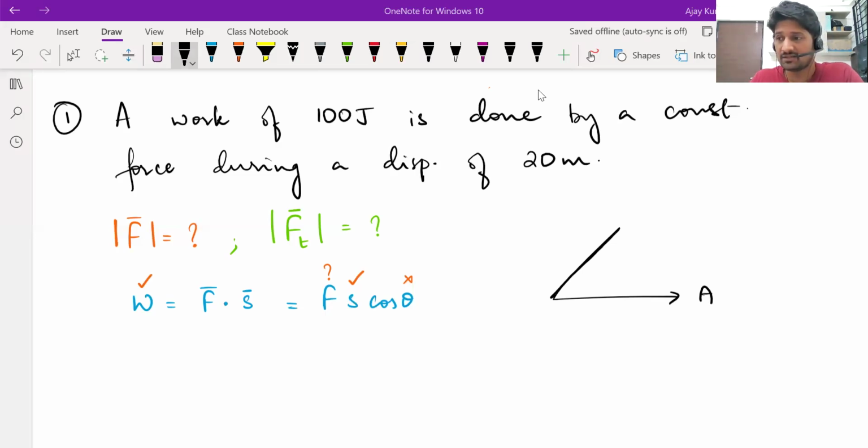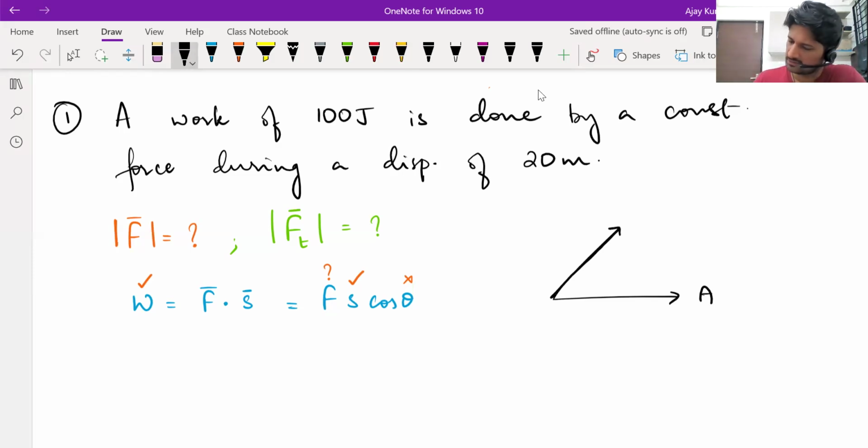I said tangential force is the force parallel to displacement. Did I say perpendicular? Other students, did I say tangential force is force perpendicular to displacement? No, sir. I don't think so. Yeah. Tangential force is the component of force along the displacement, means parallel to displacement.